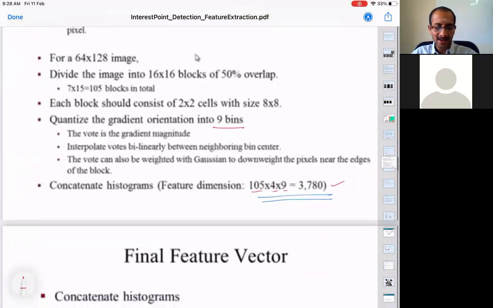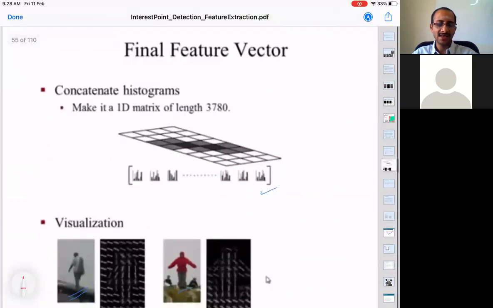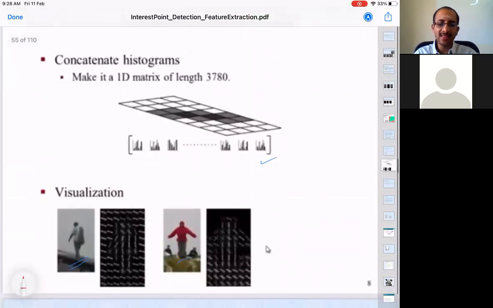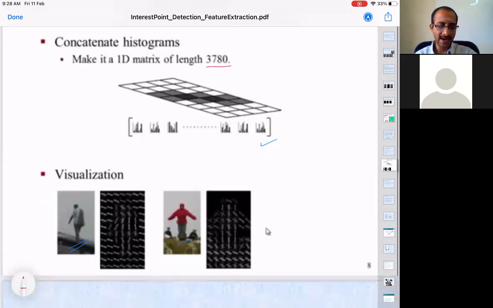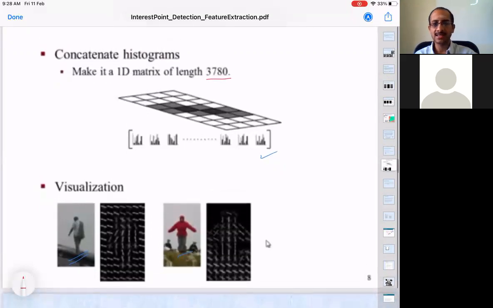And then what they have done is they have trained a simple classifier using this as the feature vector, a 3780 dimensional HoG vector. And then they classified it as human or non-human based on this. They trained, I think, an SVM, support vector machine, one of the classifiers.